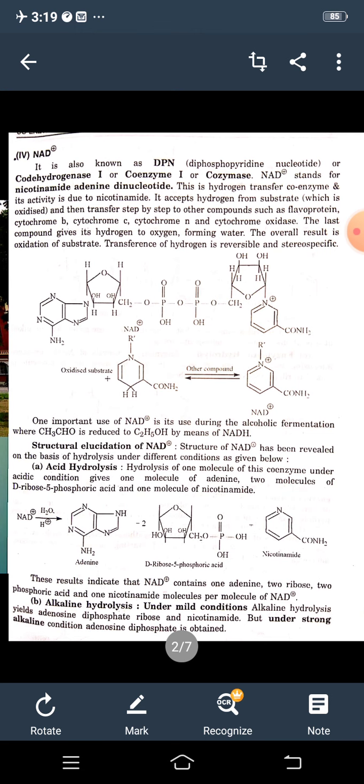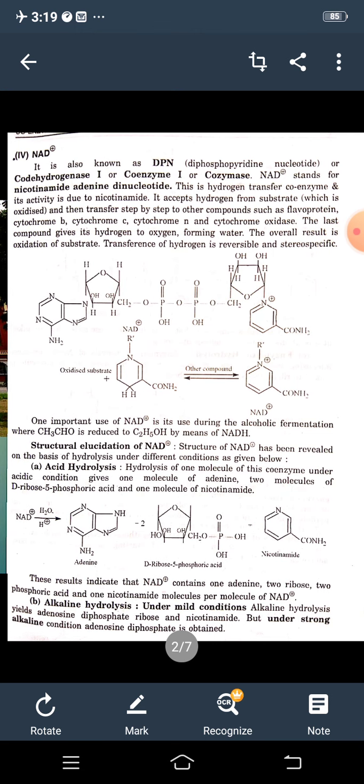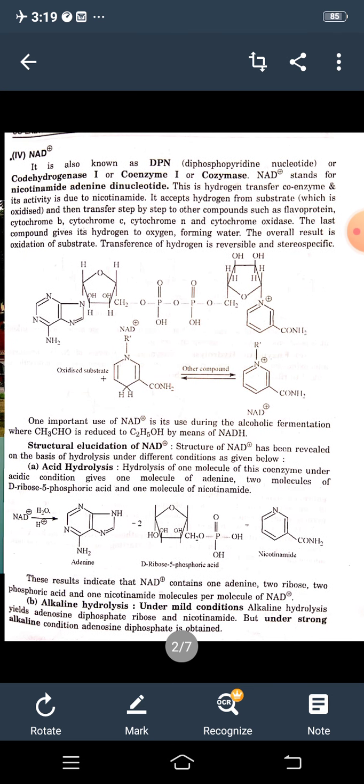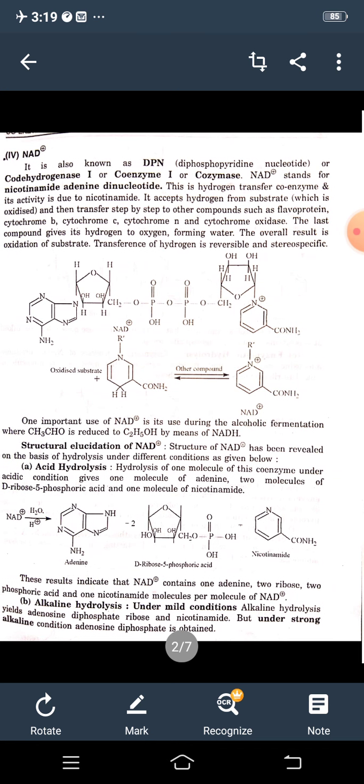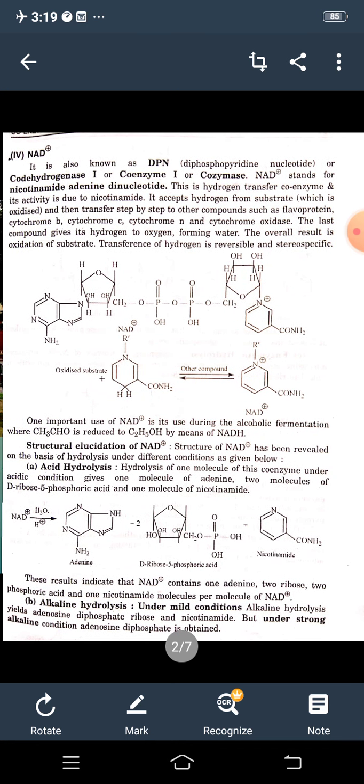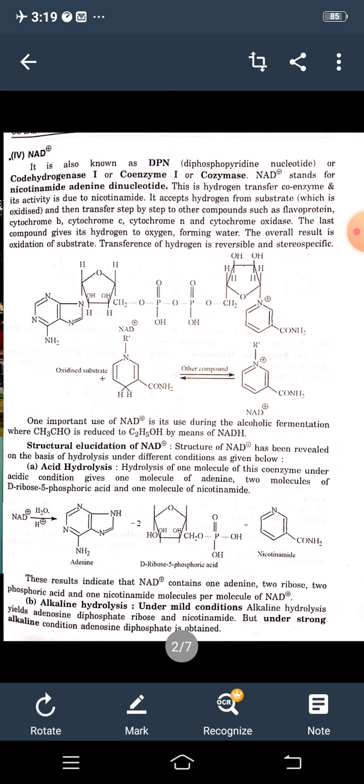This result indicates that NAD+ contains 1 adenine, 2 ribose, 2 phosphoric acid and 1 nicotinamide molecule per molecule of NAD+.